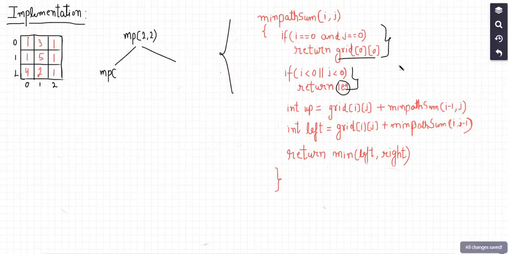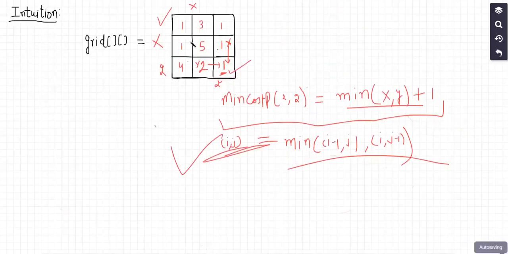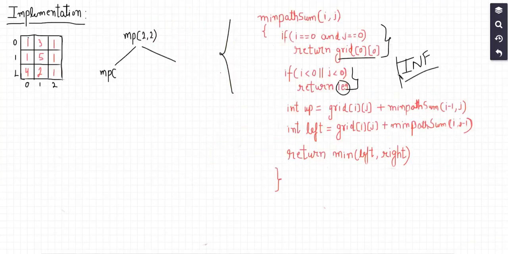Because it takes, let's say, infinite cost to reach some cell inside this boundary from some hypothetical cell which is outside this boundary, which is not there. That's why I have to return some infinite. But since there is no number like infinite, we return a very large number. How large a number do we have to return?